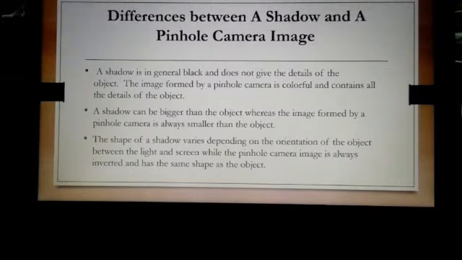First one, a shadow is generally black in color, isn't it? So, it does not give the details of the object. But the image formed by the pinhole camera is colorful and contains all the details of the object.